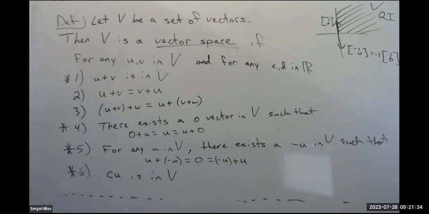Why do we care that a vector space can do these things? Well, think about everything we've been doing up to this point in the class. For everything we've been doing, we need vector spaces to be able to have linear combinations, right? A lot of our questions are things where we're talking about what are all the possible linear combinations, or we ask, is some vector B a linear combination, so on and so forth. So in order to be a vector space, we need to be able to talk about linear combinations.